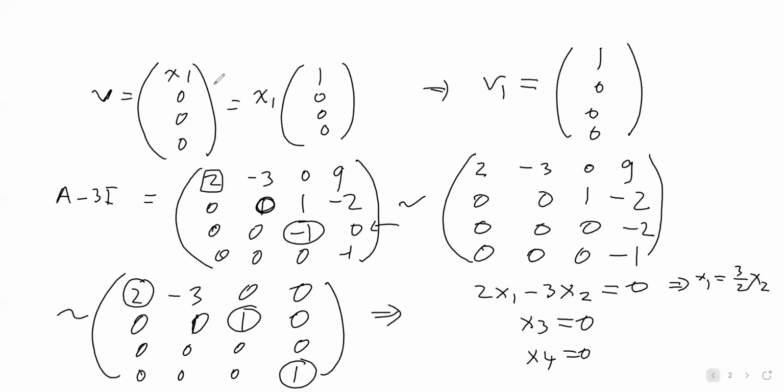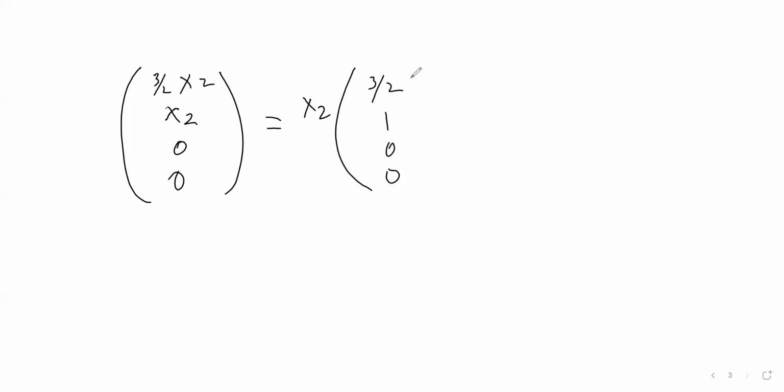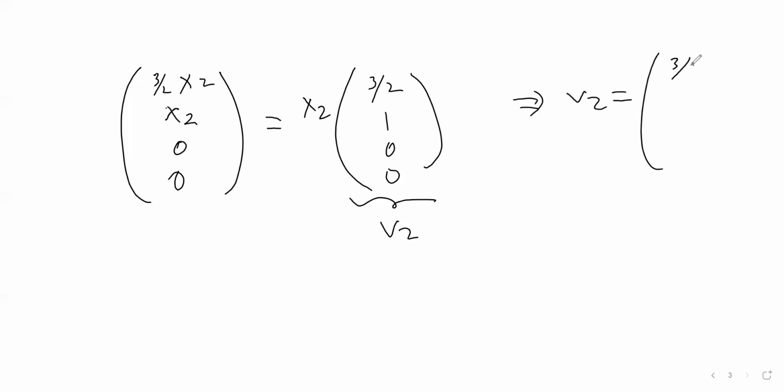And then x3, x4 are 0. So this is x1, this is x2. Then I can just write x2, and this will be 3 over 2. This is 1, this is 0, this is 0. And this will be my second eigenvector. So 1, 0, 0.